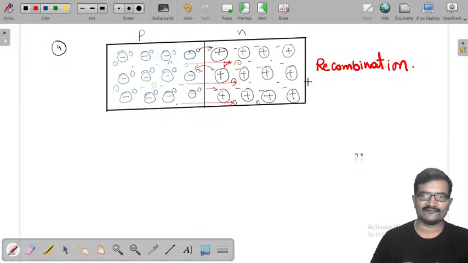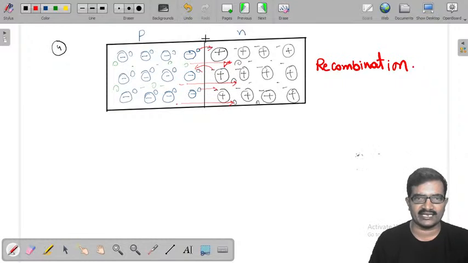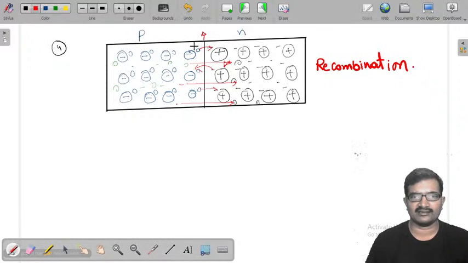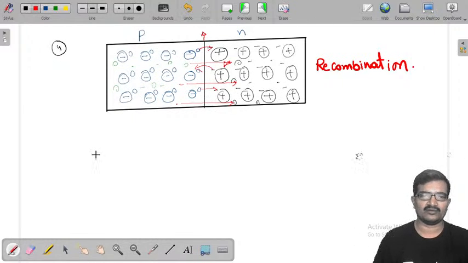Now after recombination, there are no free charge carriers across the junction. There is an imaginary plane or line which separates both P region and N region. We call it the junction line. Across this line, there are no free charge carriers, because the charge carriers which were available here have recombined with each other.